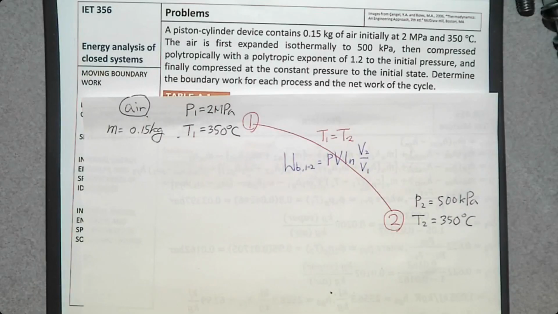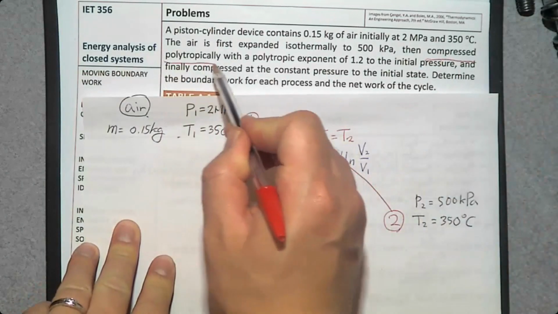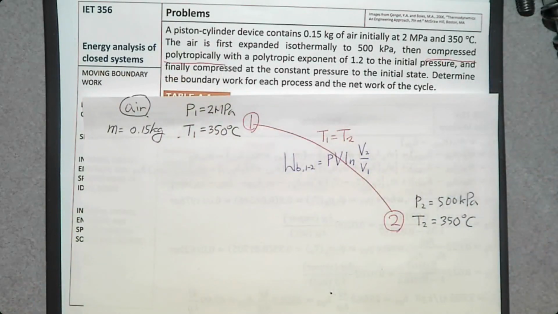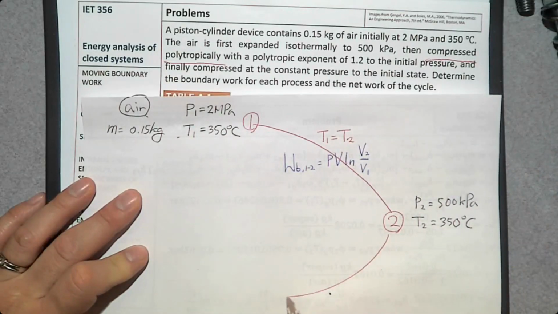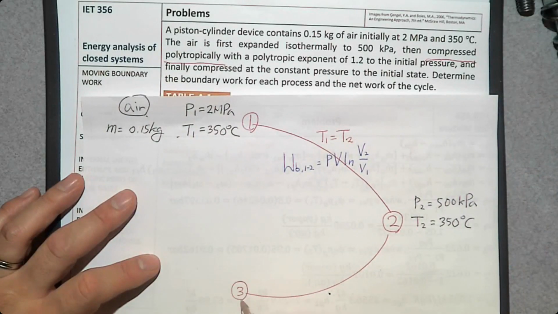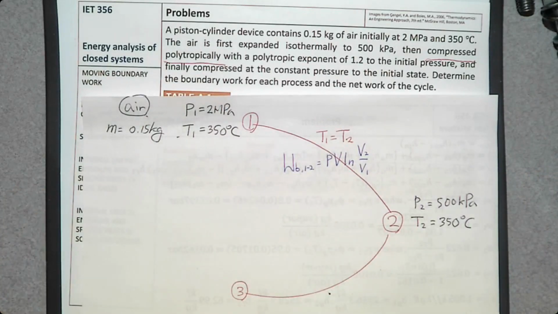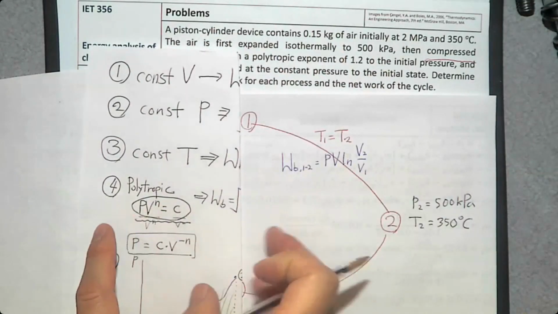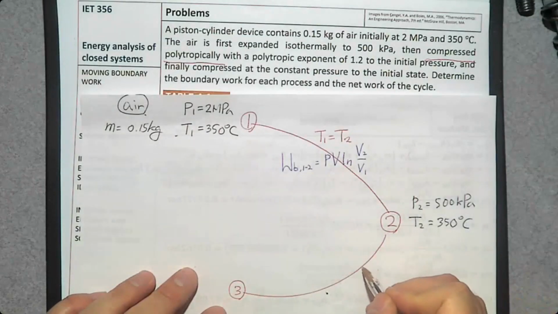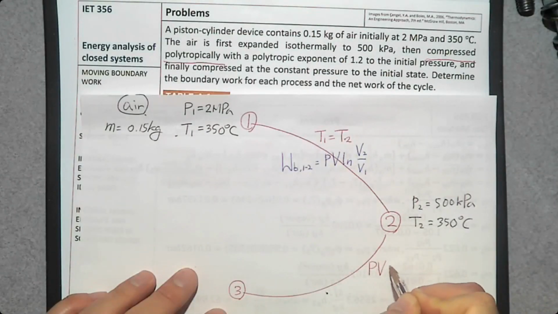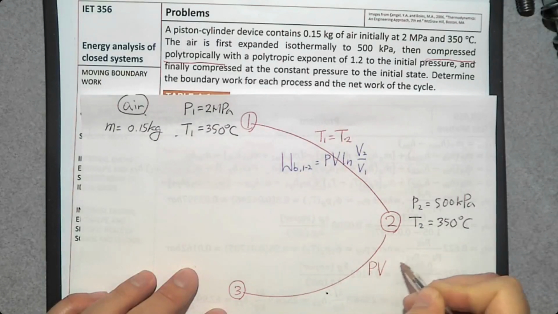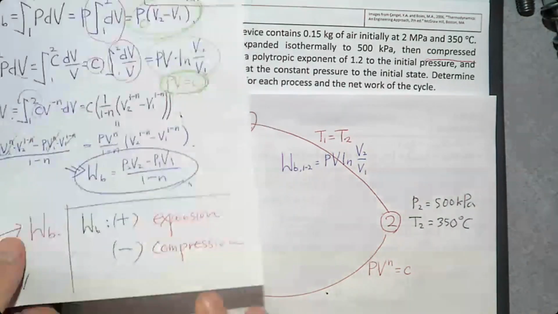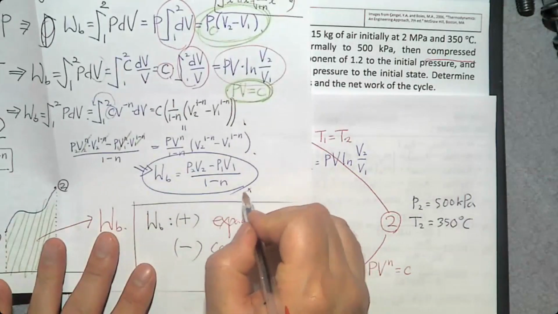Then we have a second process, where the air is compressed polytropically. So we have a polytropic process from 2 to 3. This is the polytropic process, and it looks like this: PV to the power n is constant. The moving boundary work for a polytropic process is given here.